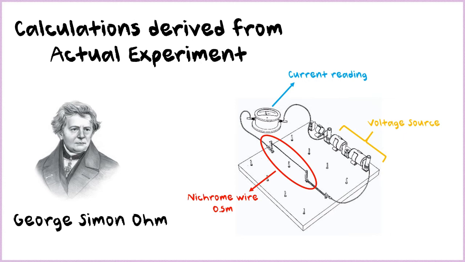If you remember, all materials that exist in this universe have resistance. But metal wires have a very small resistance that allows electricity to flow.